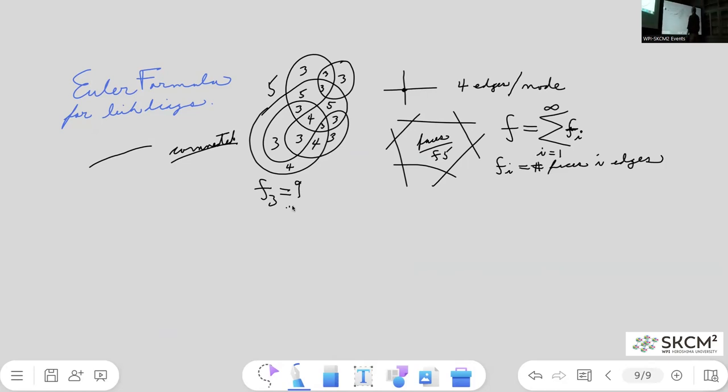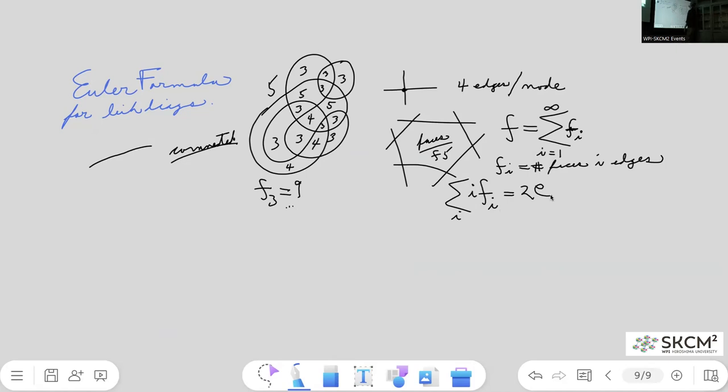And then I can say, I will count edges for each of these faces. And then I get i times the number of faces with i edges, that's counting 5 edges for a five-sided face. And I will sum those up. And I will get twice the number of edges because every edge will get counted from a face on either side of it, right? So we have this basic formula.